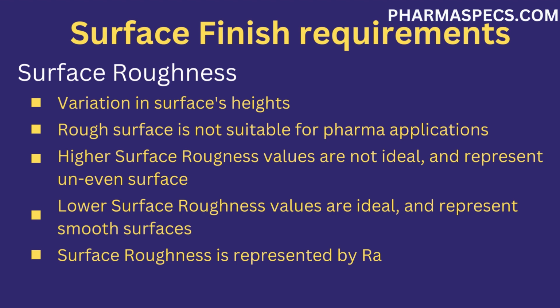Surface roughness is a numerical value. Higher surface roughness values are not ideal. Similarly, lower surface roughness values are ideal and represent smooth and even surfaces. Surface roughness is represented by Ra.